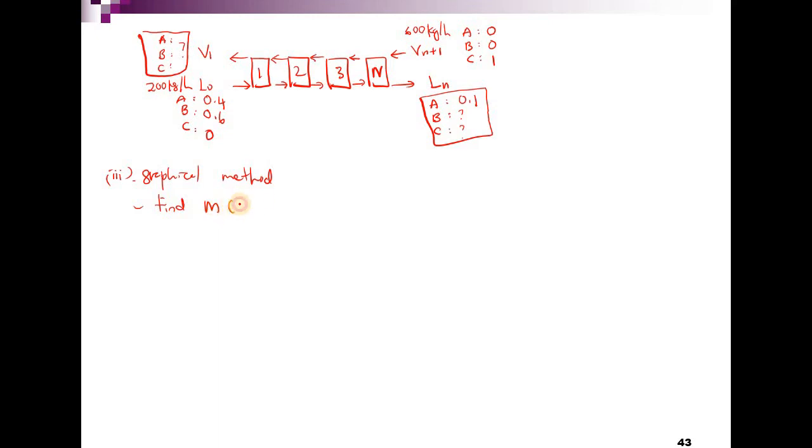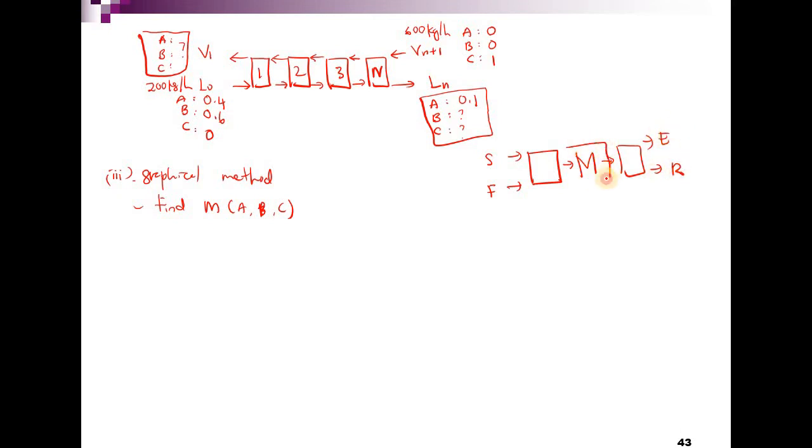Why do we have to find M? As I mentioned before, when we mix the solvent and the feed, it will momentarily form a mixture. We call it the intermediate mixture M, before M can be separated into the extract and raffinate.